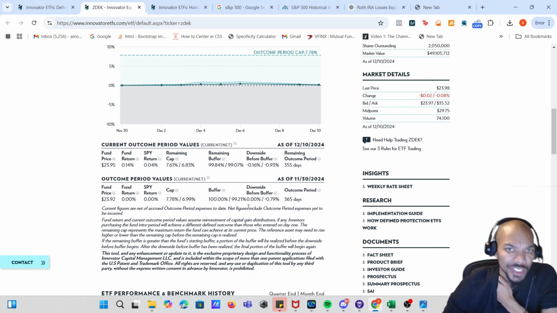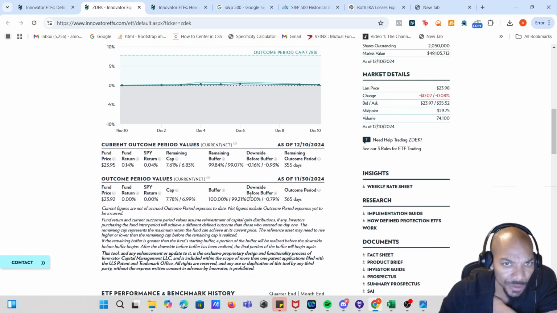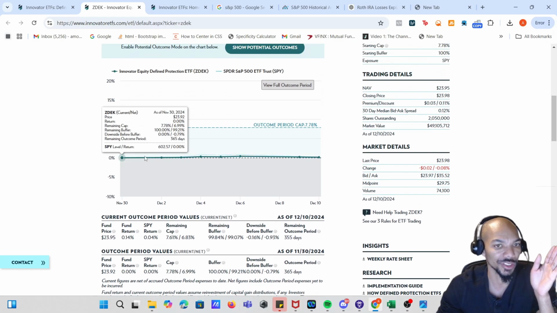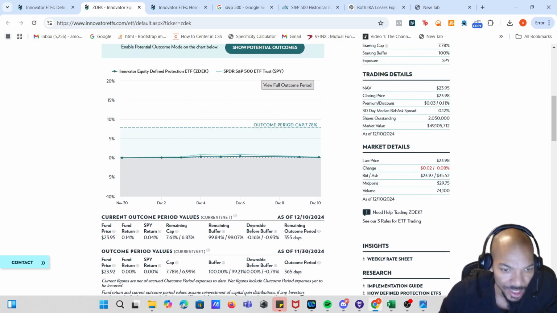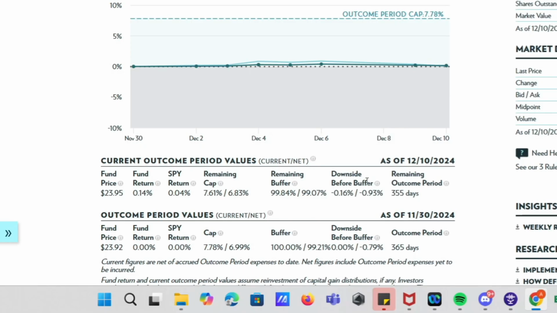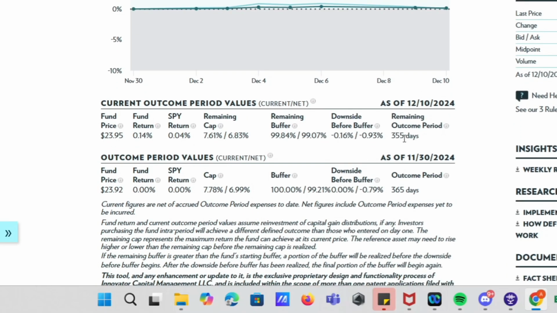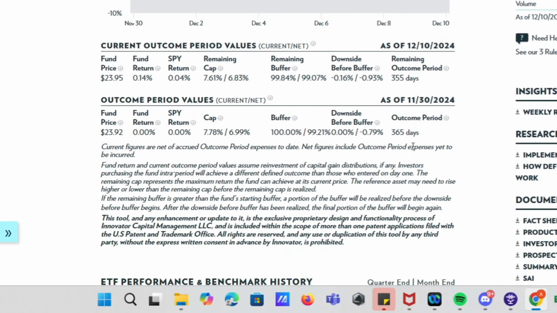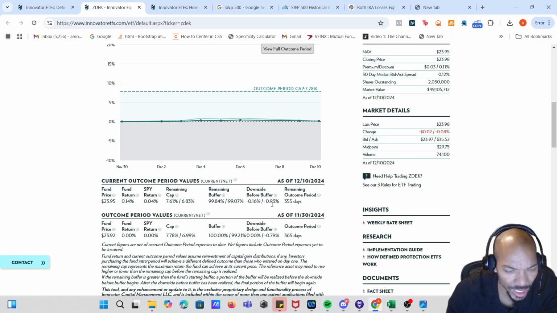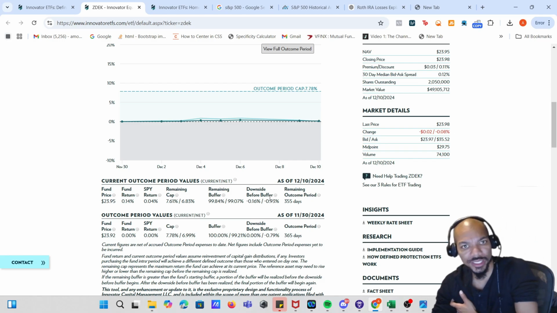Because you bought it midway, if you bought it at the very beginning, it'd be 100% downside. But since the option contract already existed, you have an amount you can lose before you get that downside protection, because this is 355 days and this is 365 days. So for 355 days you would have a little bit less than 1%.